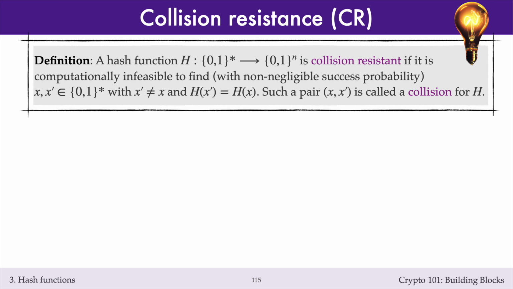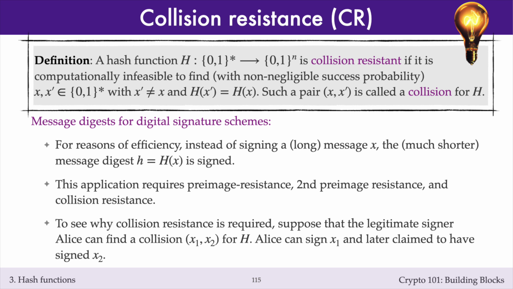I'll call such a pair of messages a collision for H. Note that H usually has many collisions, since its domain is usually much larger than its codomain. So by the pigeonhole principle, there are many pairs of messages with the same hash value. Hence, the issue isn't whether collisions exist, but whether one can find a collision efficiently.